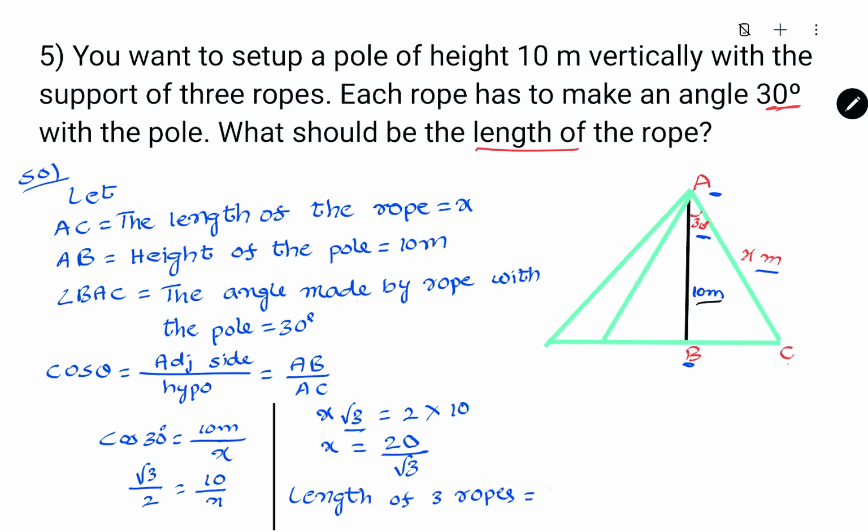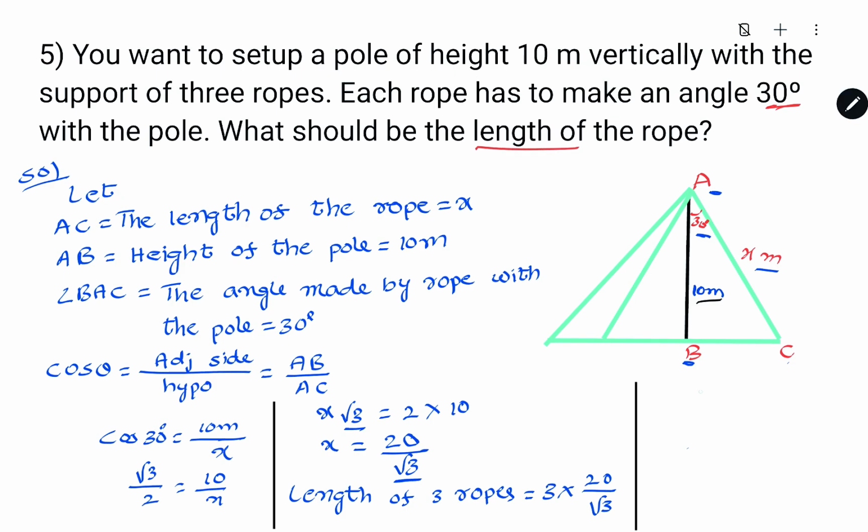Length of 3 ropes is 3 into 20 by root 3. This is the one rope length. Here 3 into 20, 60 by root 3. Here in the denominator root 3 is there, so we multiply with root 3 and divide with root 3.